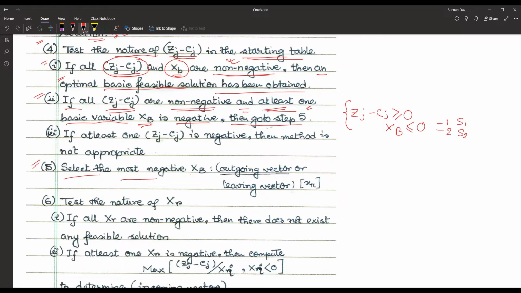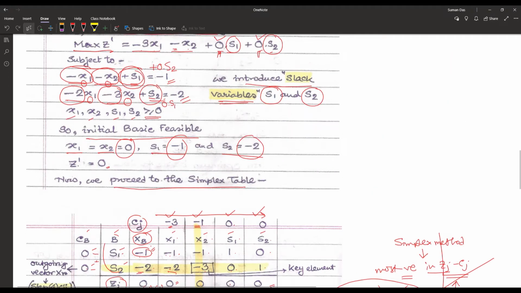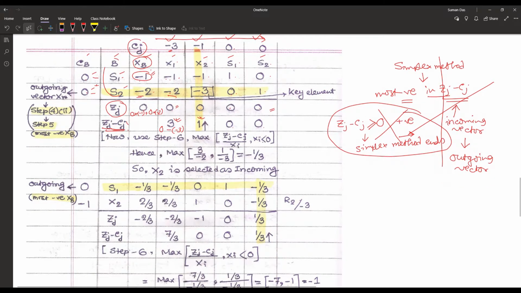Select the most negative xb, and that should be our outgoing vector, also called the leaving vector, denoted as xr. So that is our case. So we proceed to the table.